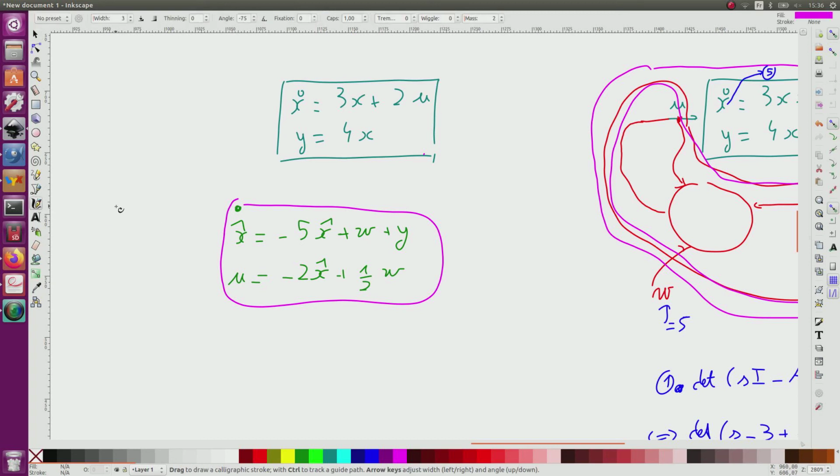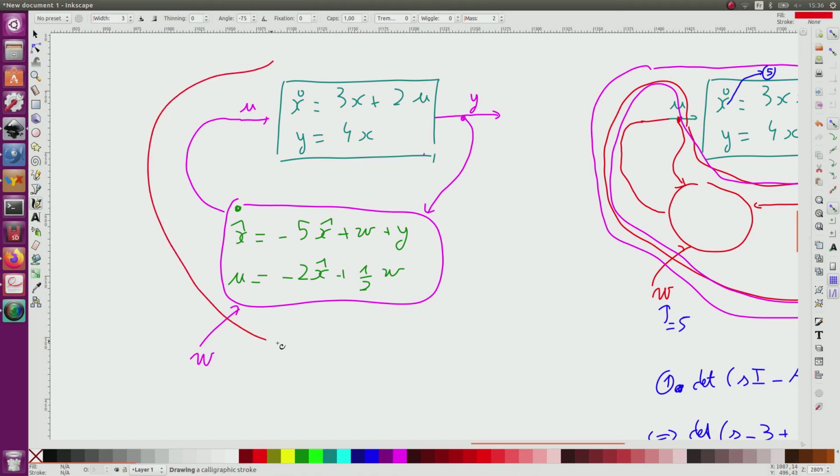The system to be controlled, so this one, with an output y and an input u. Here, this is the controller with a w, the set point, and here u. This is the closed loop system, which normally is stable.